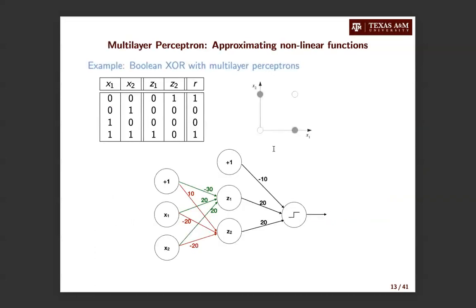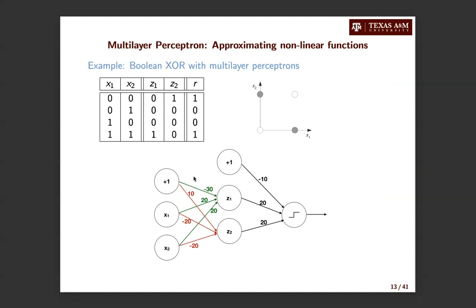However, instead of having a single line, which corresponds to a perceptron unit, we can have a combination of perceptron units. So here we see that instead of using a single perceptron, we can use 3 different perceptron units. With these 3 different perceptron units, in the first 2, we can get some type of linear combinations of the input sample for each of these 2 units. And then these units can be also combined with another combination that gives the final output of the XOR function.